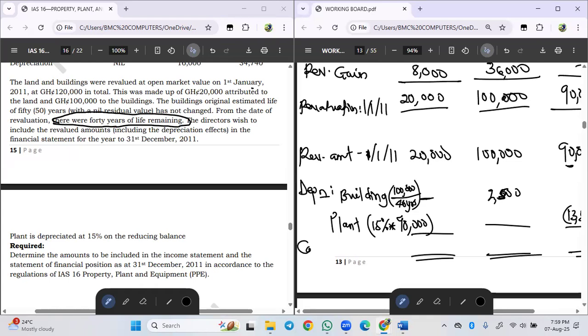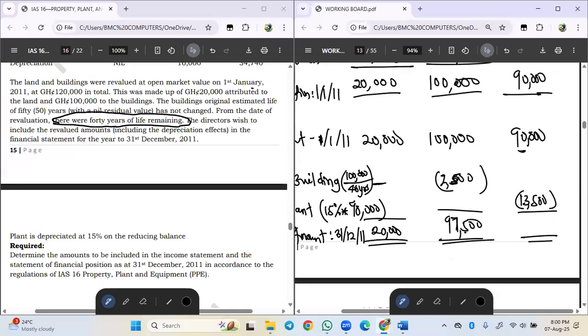So the carrying amount as at 31st December 2011 is what? Land is still 20,000. Building is 97,500. And plant is 76,500.